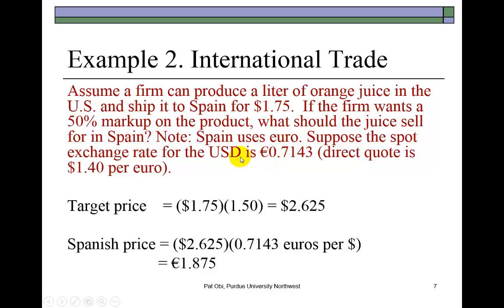Now, if you produce it and ship it to Spain for $1.75 and you want a 50% markup, then kick it up by 50%, and that's 2.625 US dollars. However, they use euros in Europe, so we have to convert this amount to euros to know how much we would need to sell it for in Europe to realize the 50% markup, and that's 1.875 euros per liter.